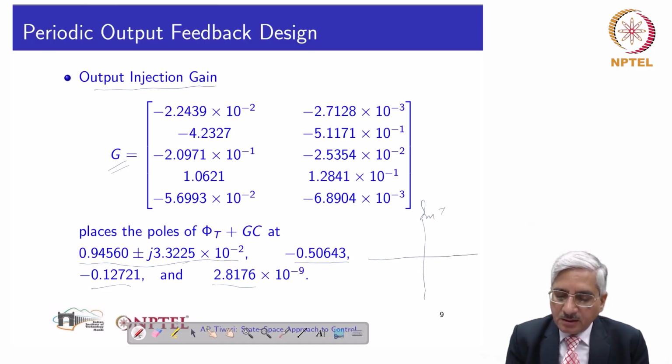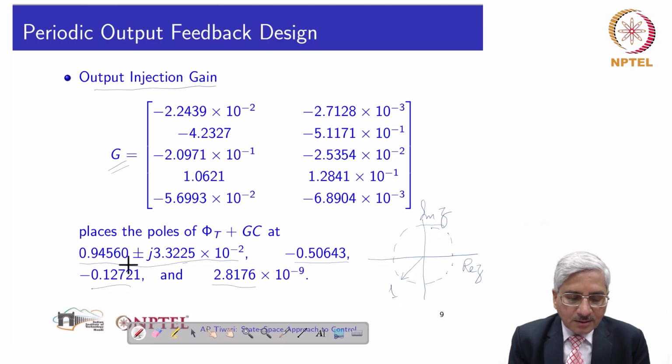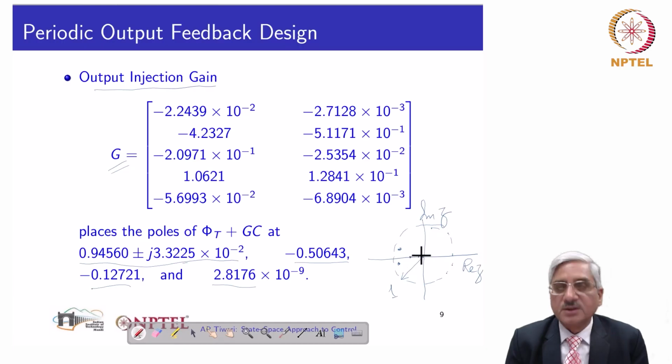This is the imaginary Z, this is the real Z, and this is the unit circle of radius 1. You can see this pair is very close to the periphery, somewhere here and here. One is at -0.5, one at -0.12 and one at the origin.